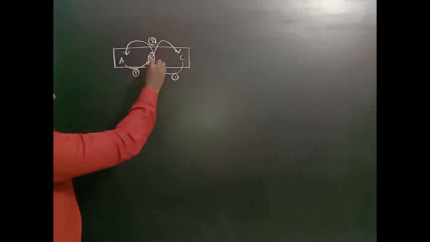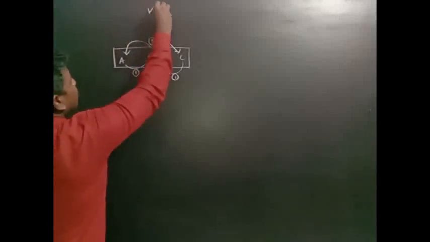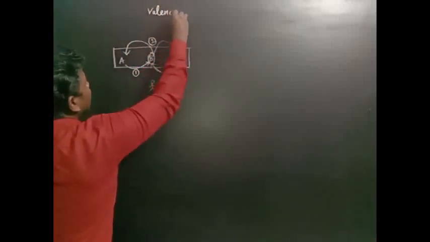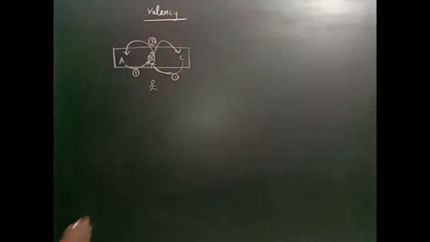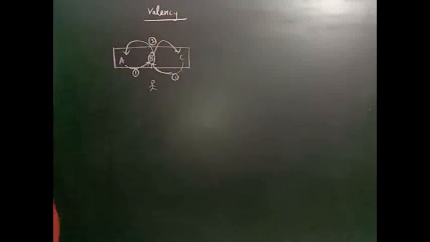So the number of communications for A is 1, but B converses 2 times. Here what is our concept? It is going to be valency. What is the relationship with that issue as well as with valency?